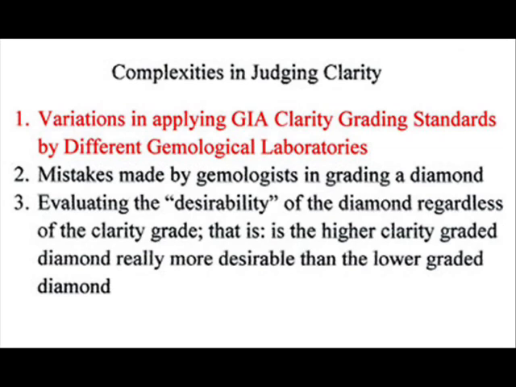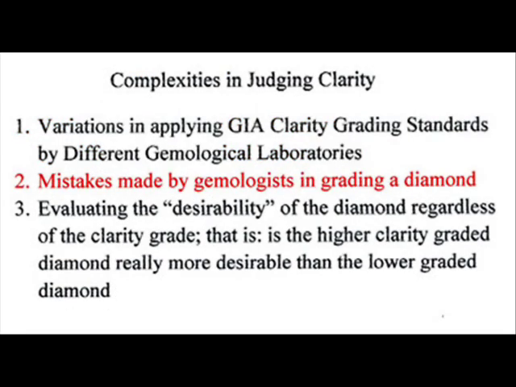The price of the EGL or the IGI certificated diamond with clarity grade X will cost less than the same diamond with the same clarity grade from the GIA. And that is because the diamond is not as good. Second, just as in the discussion of diamond color, gemologists, even at the GIA, will often misgrade diamond clarity by giving the diamond too high a clarity grade.